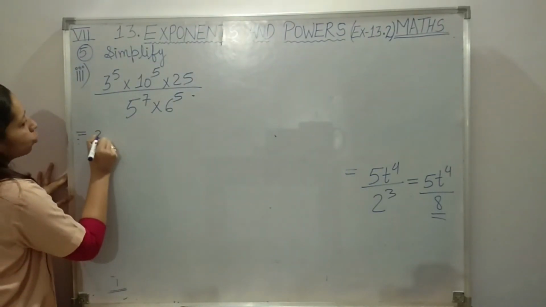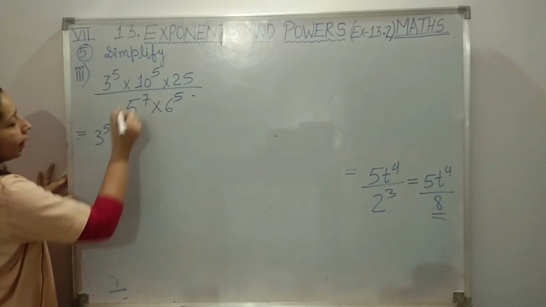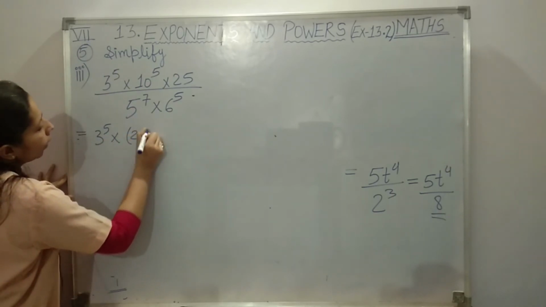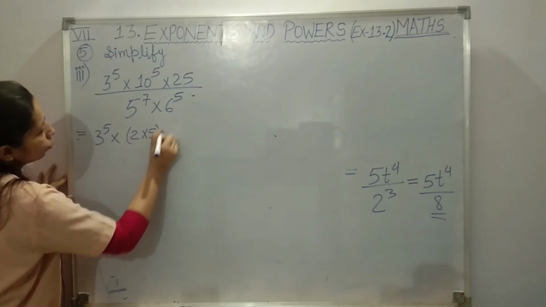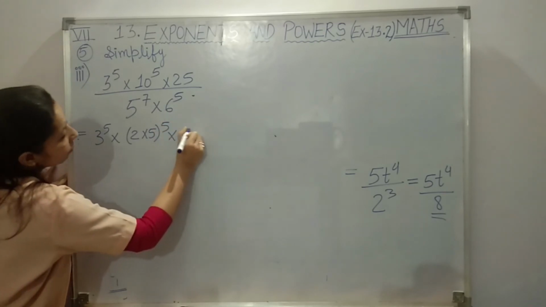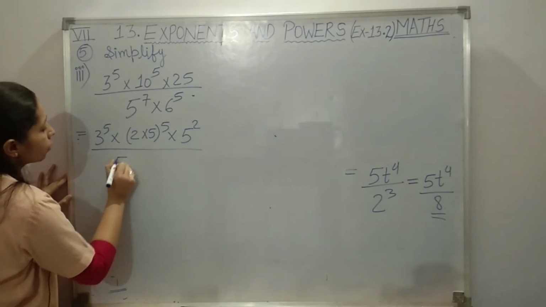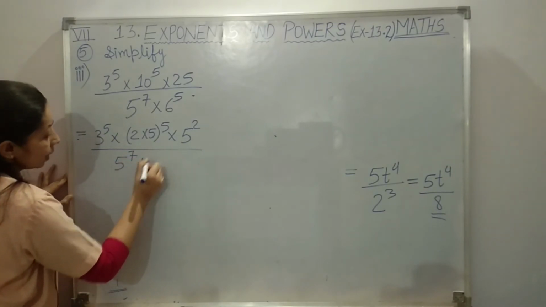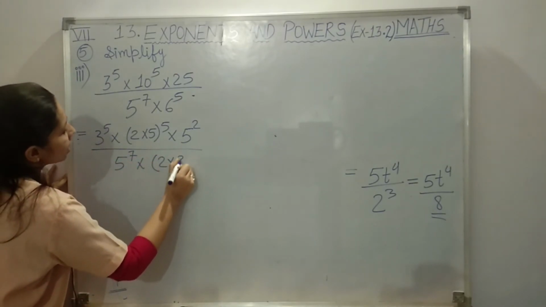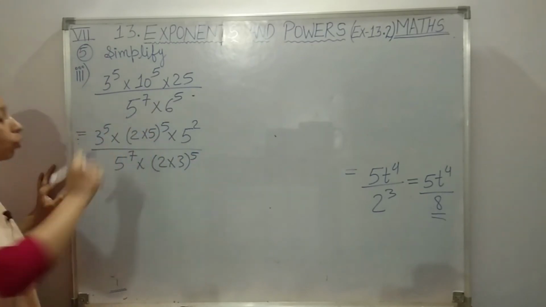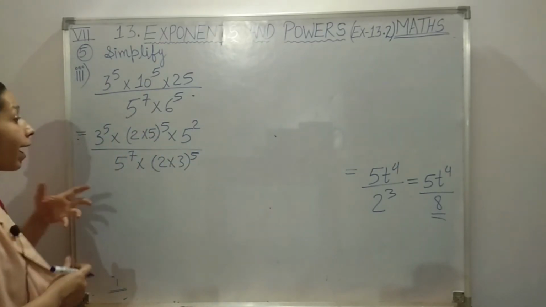Again 3 raised to the power 5 into 10 will be written as 2 into 5 raised to the power 5. 25 will be written as 5 square, then 5 raised to the power 7. 6 will be written as 2 into 3. If you want to use the laws of exponents, then you should have base and exponent.